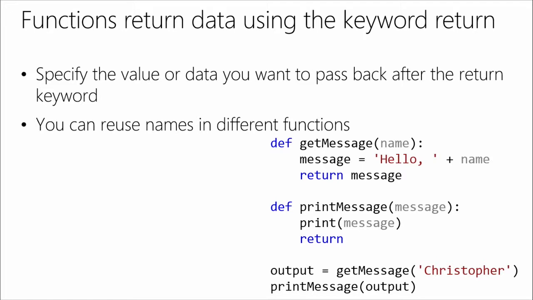Maybe I would like to create a little function that prompts the user for a collection of names, and once they're finished entering all the different names, it gives me that collection back. Then I can decide what I want to do next. Maybe I want to print it out. Maybe I want to write it out to a file. I would have that option because it will give me the value back.